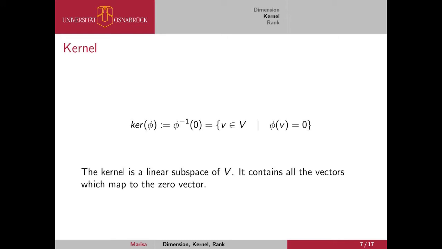So the kernel contains all the vectors which map to the 0 vector. So all the vectors for which, if we plug them into our mapping, this will map to the 0 vector, which is just denoted as a 0 here. And it also holds that this kernel is a linear subspace of V.